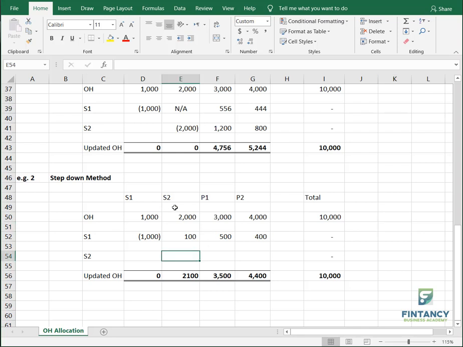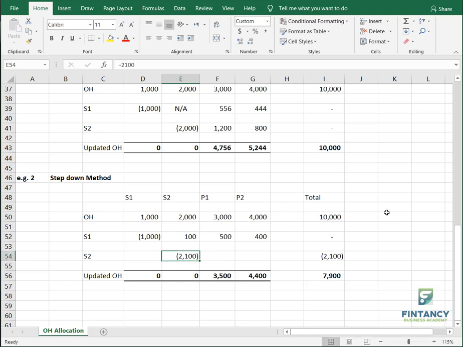After that, you got to know that I want to allocate S2 now. So S2 is no longer $2,000. S2 is now how much? 2100. Okay. So when you allocate S2, you will allocate 2100.